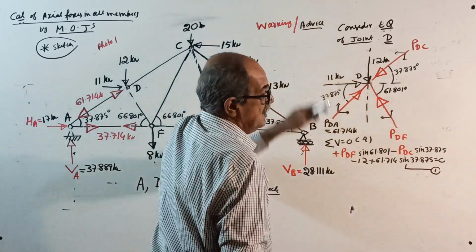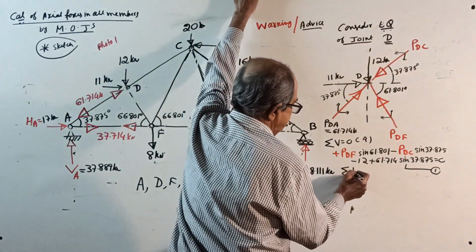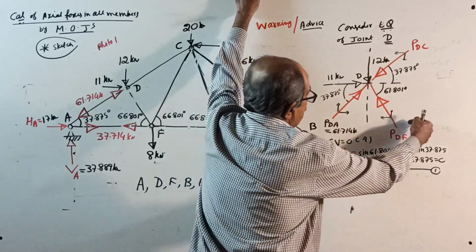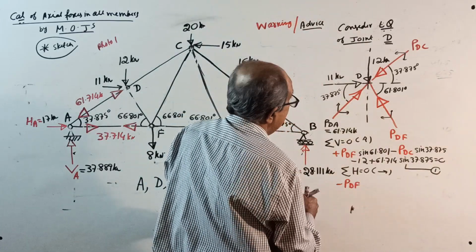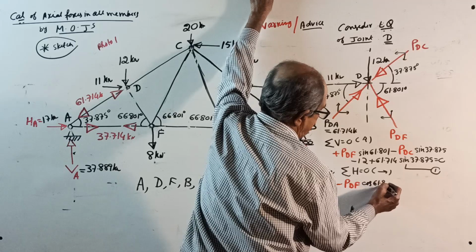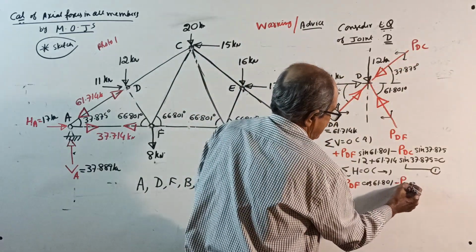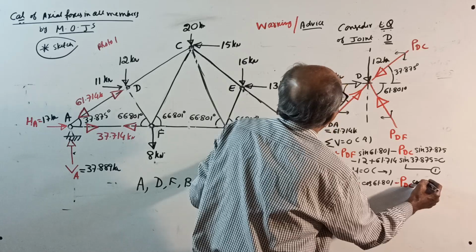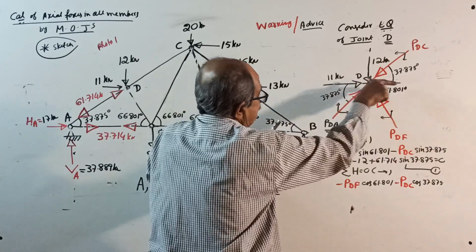You simplify this one. That is high school mathematics. Okay, then sigma H = 0. Take right side positive, same order. Minus PDF cos 61.801 minus PDC cos 37.875 plus 11.